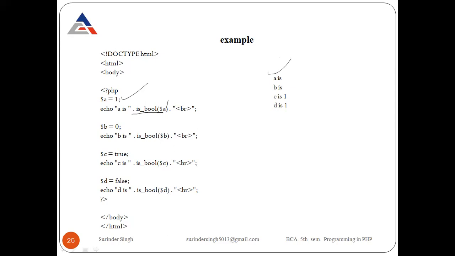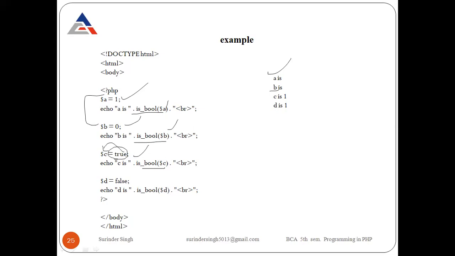nothing. Clear? We are assigning 0. We are checking is_bool b. It returns nothing because these are integer type. Clear? Now we are checking c, assigning value true. This true is of what type? Boolean.